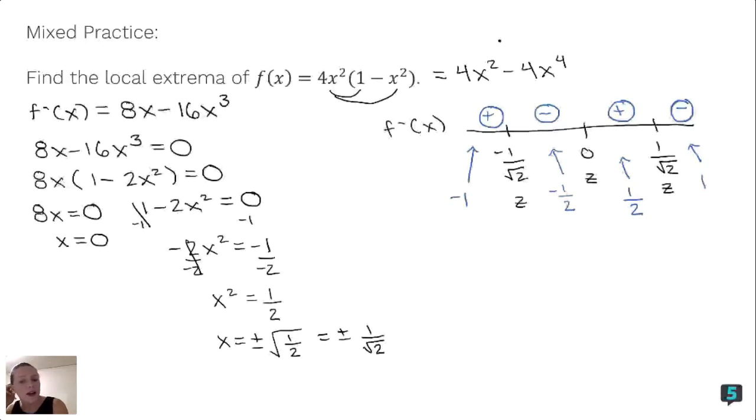Based on our number line that we've just created now, at what x values does f of x have relative maximums? So we're looking for where f of x changes from increasing to decreasing.